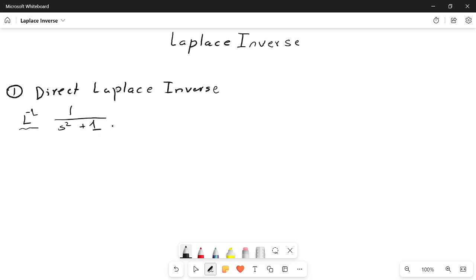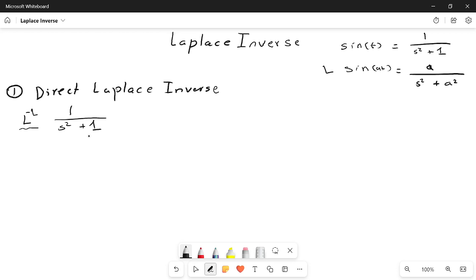Now this form looks very familiar to a Laplace transformation form, and if you have any knowledge in the Laplace transformations, you would find that sine of t would equal 1 divided by s squared plus 1, because the Laplace of sine at would equal a divided by s squared plus a squared.